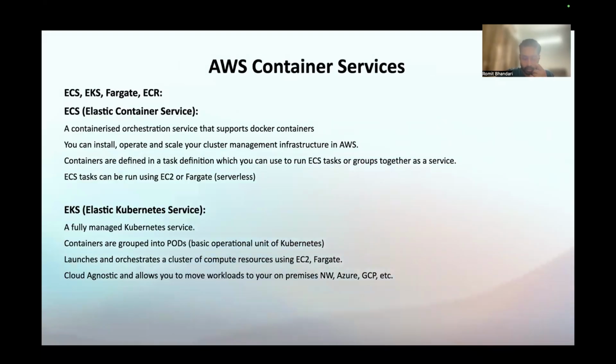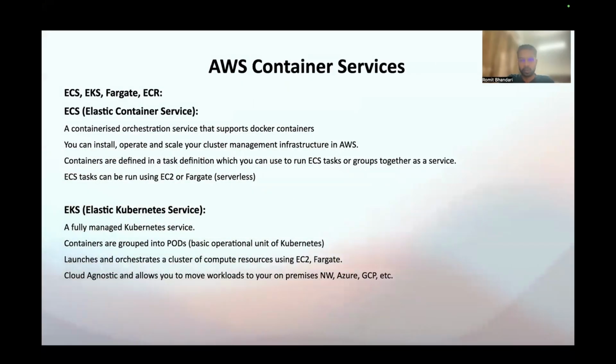Okay, let's move towards the container services we just mentioned. So you have ECS, EKS, Fargate, and ECR. Let's talk about ECS first. It's a container orchestration service which supports Docker containers.